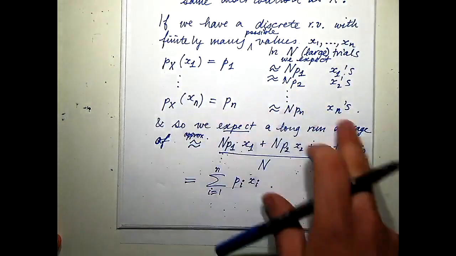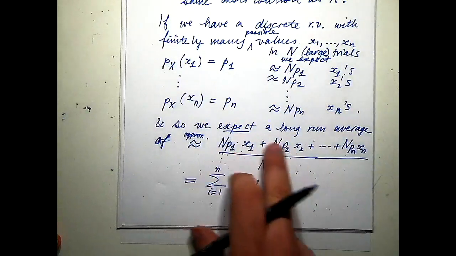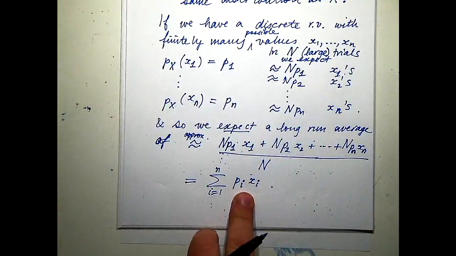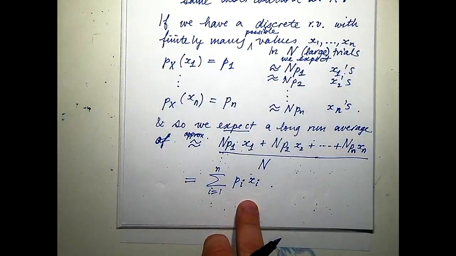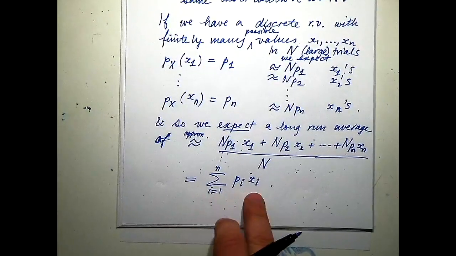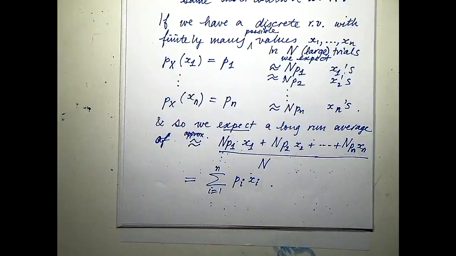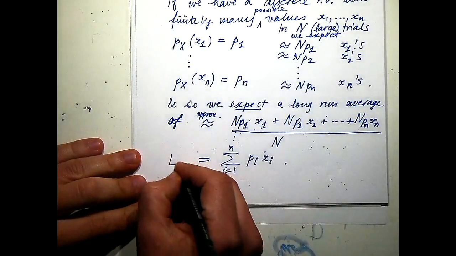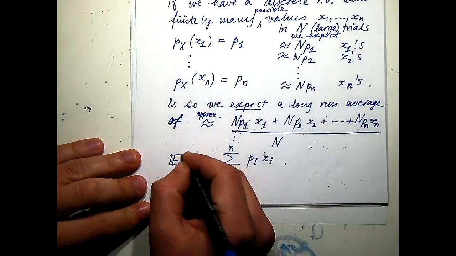So as N gets larger and larger, the expected long-run average gets closer and closer to this. There's no other possible value. It's not like the expectation is approximately this. The expectation is exactly this. If you want to get closer and closer to this, you just bump up N as high as is needed. So this is exactly the definition, the definition of the expected value of x.